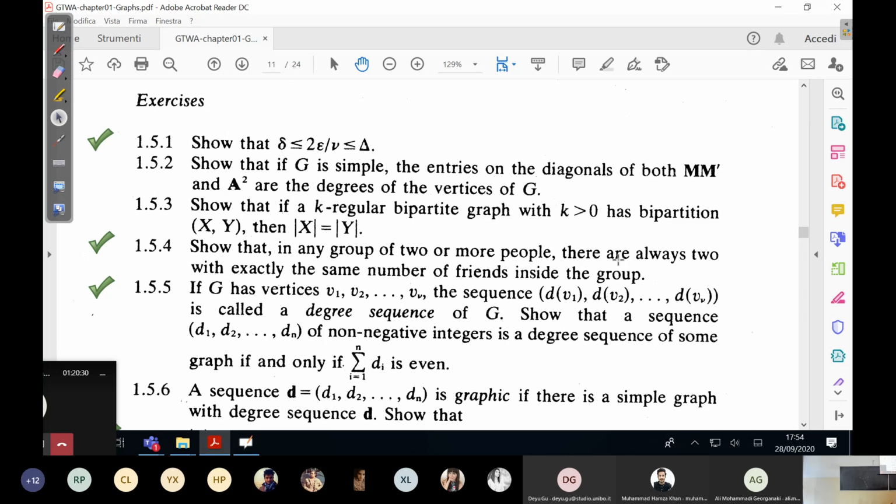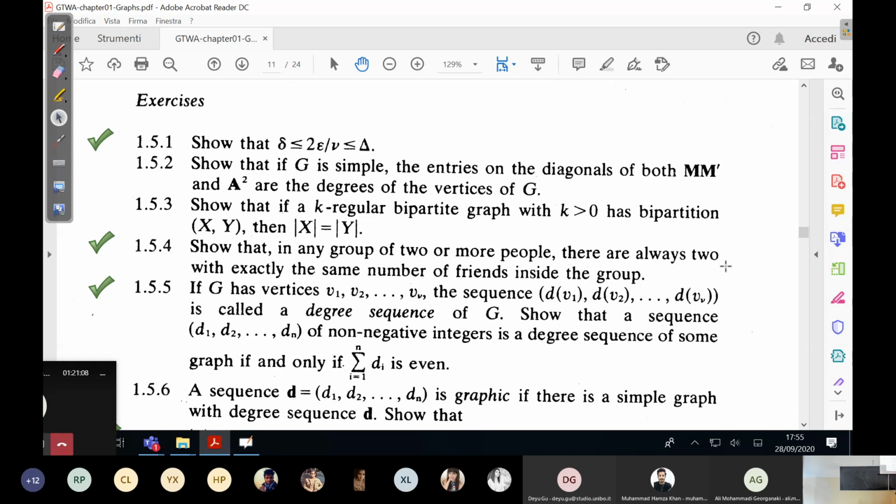Okay. This comes from set theory, actually. And what do they say? If you have a graph with 2 or more vertices, there are always at least 2 with the same degree.